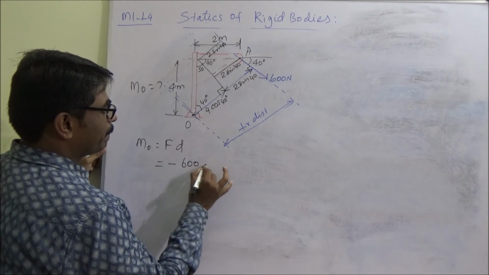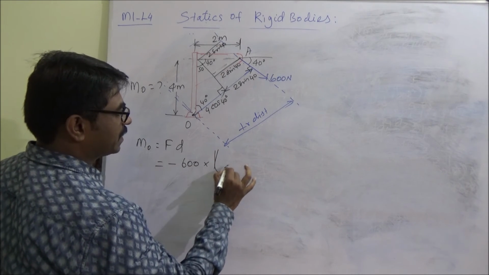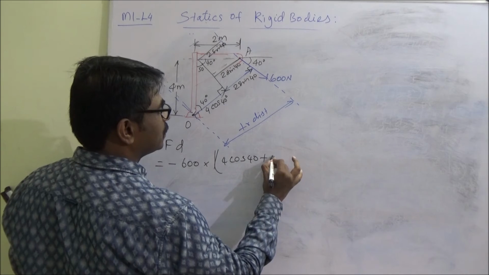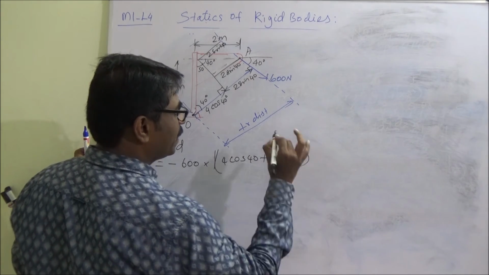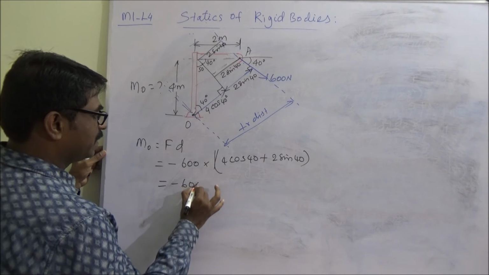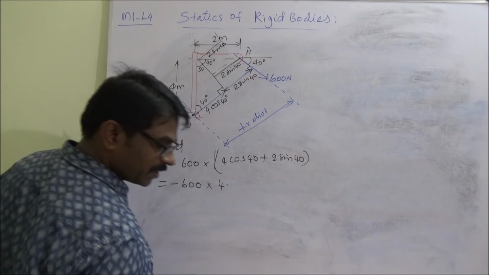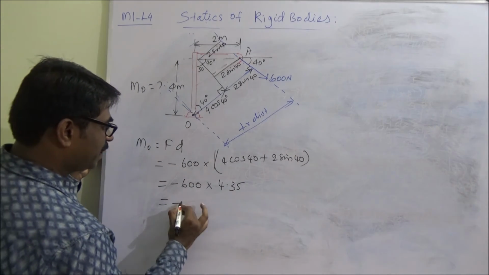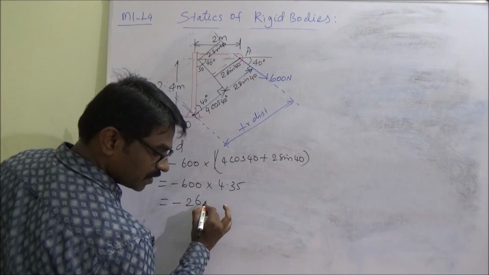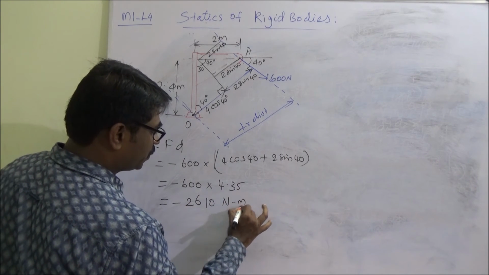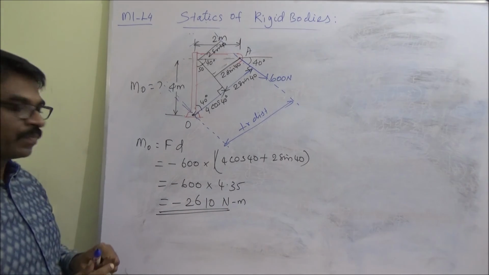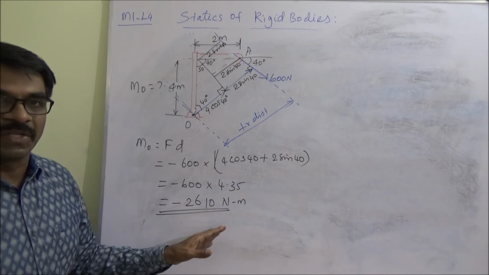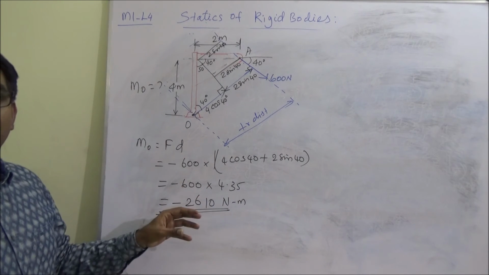Force is 600 and the perpendicular distance is 4 cos 40 plus 2 sine 40, which is minus 600 into 4.35 something, and that is minus 2610 Newton meter, 2609 point something, or 2610. So this is the answer we have obtained.